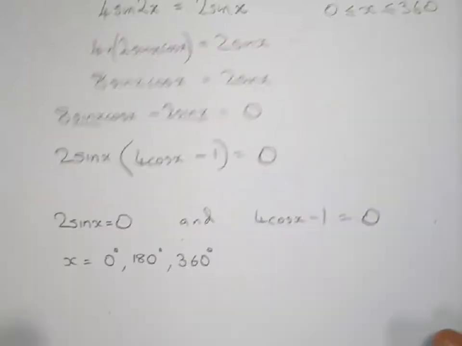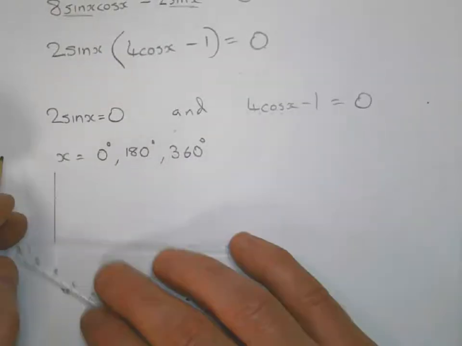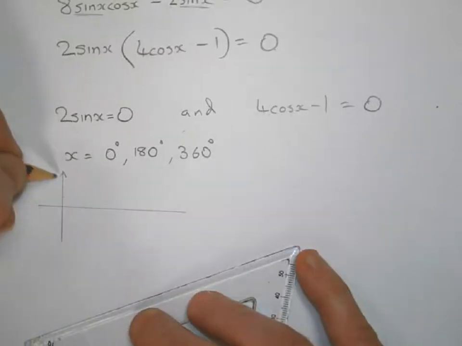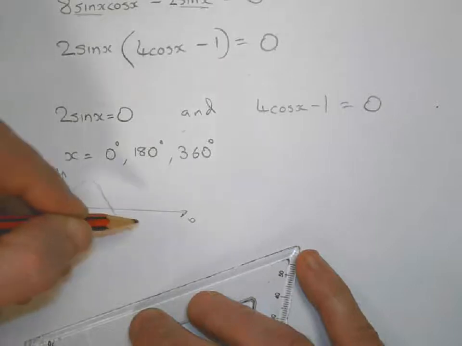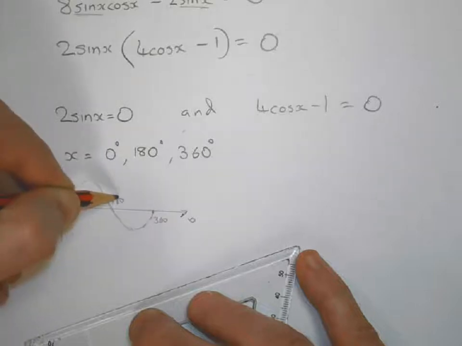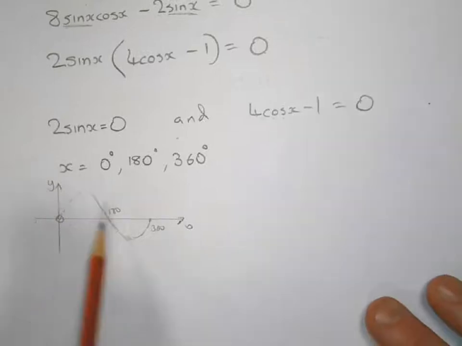And the reason for that is, if you look at a quick sketch of the sine curve, the sine curve starts at 0, it comes up at 90, touches at 180, so that's 360 there, 180 there, and 0 there. So that's the reason why there's 3 possible answers for there.